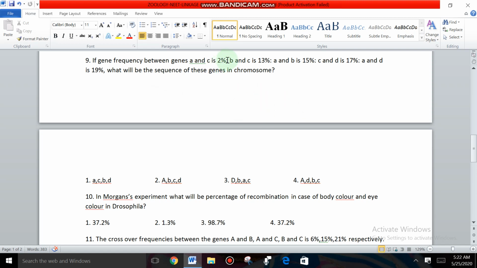B is there. B and C is 13%. Obviously it will come.